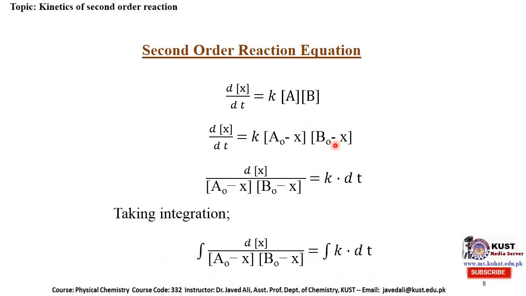Now to convert this equation into integrated form, we need to take integration of this equation. By taking integration, we get integration of dx divided by (A naught minus x)(B naught minus x) is equal to integration K dt.